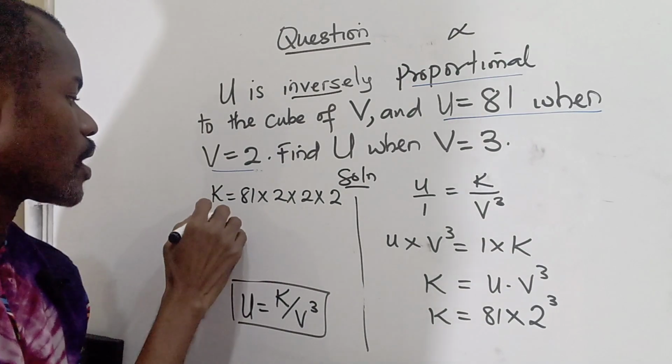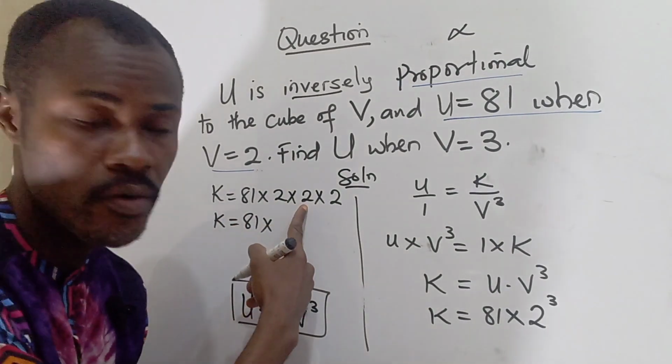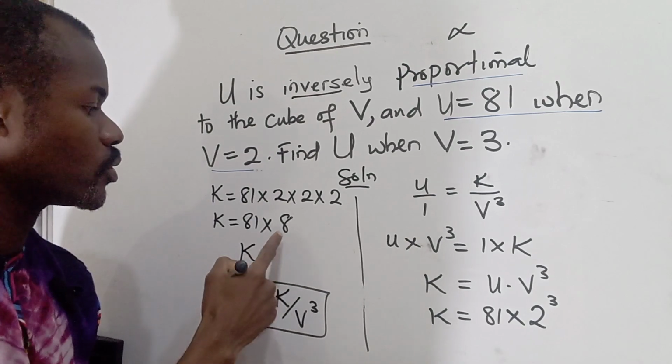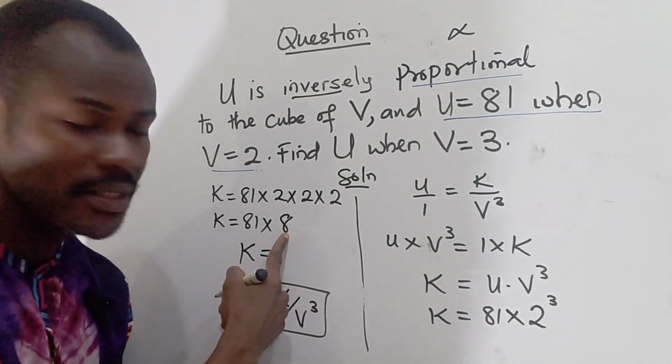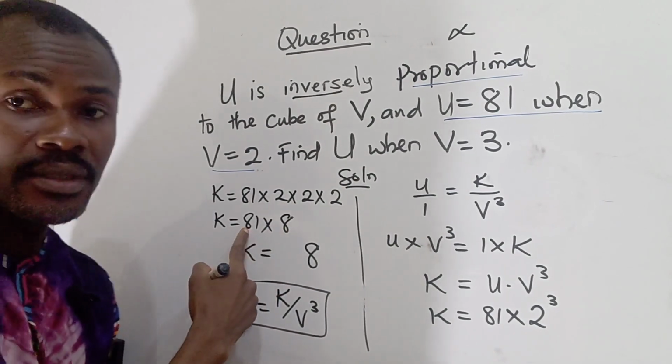So our k equals 81 times 2 times 2 is 4, times 2 again is 8.